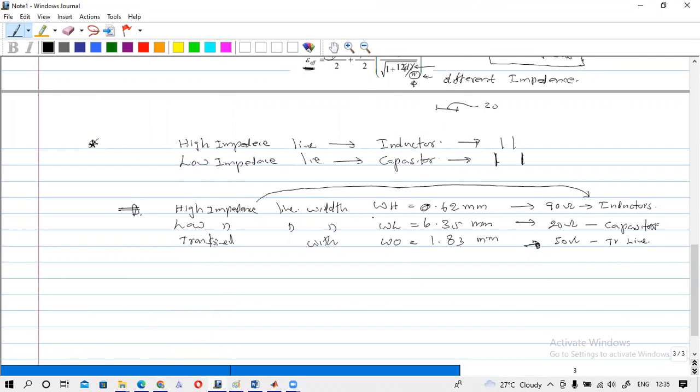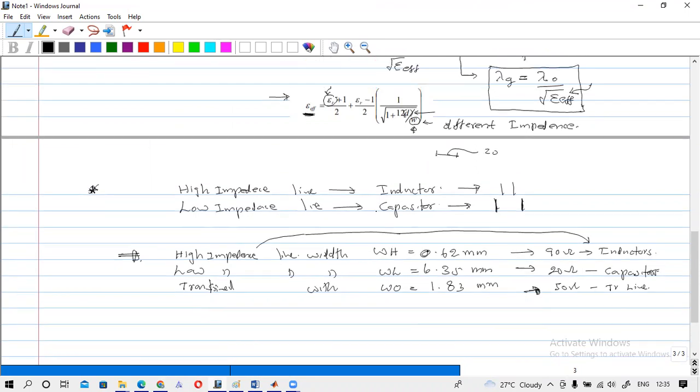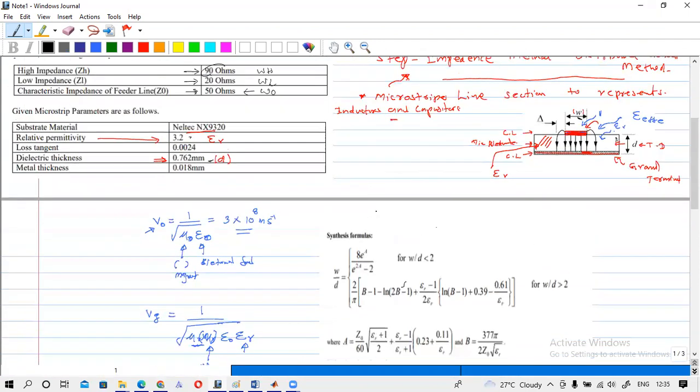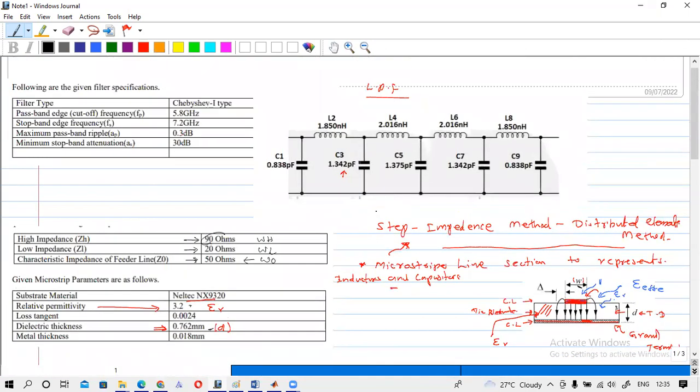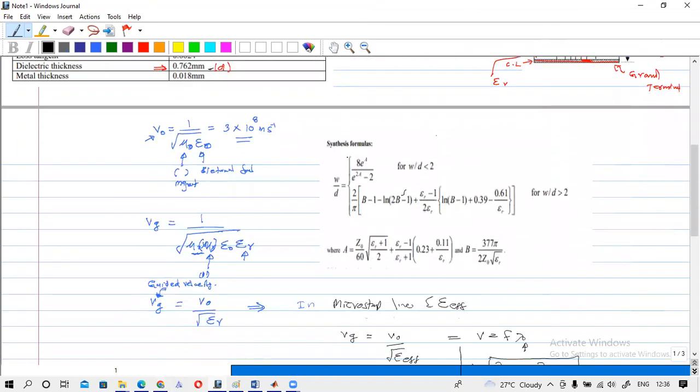Now you can see that we have different capacitance values. This capacitance value is directly related to the length of the transmission line section. For that, the length of the transmission line is important.